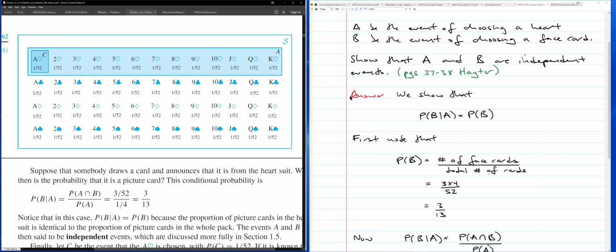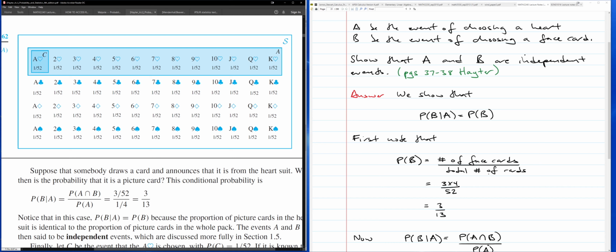So when it's just B, choosing the face card, it's 12 from the 52. But if you impose the condition A, it is the same proportion, the same 3 out of 13. So your independence really has to do with the fact that when you impose the condition A, you actually maintain the proportion.